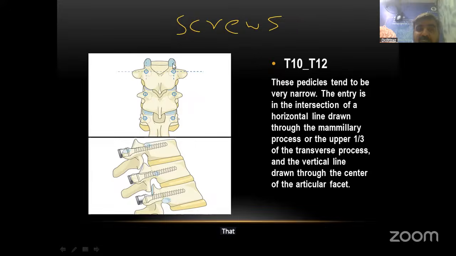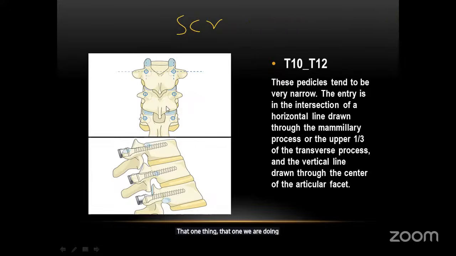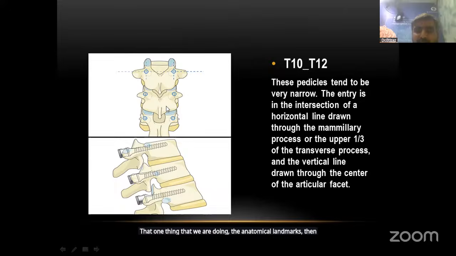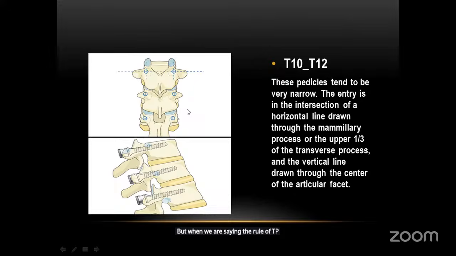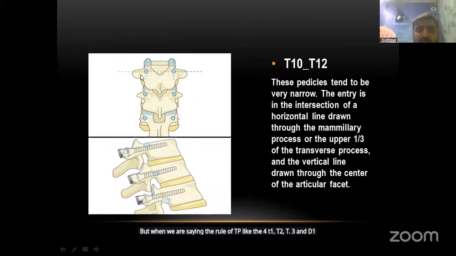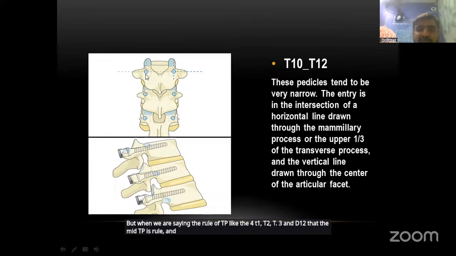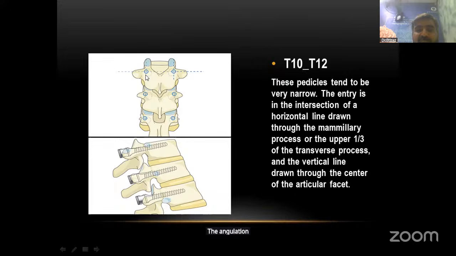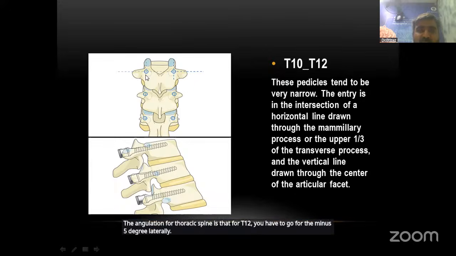One thing is that when we are using the anatomical landmarks, then it will be straightforward. But when we are talking about the rule of TP, like for T1, T2, T3, and T12, the mid TP is the rule. And when we follow the mid TP rule, actually, the angulation for the thoracic spine is that for T12, you have to go for -5 degrees laterally for T12.